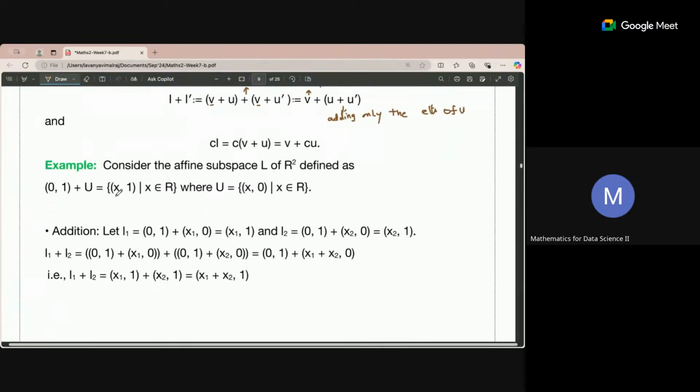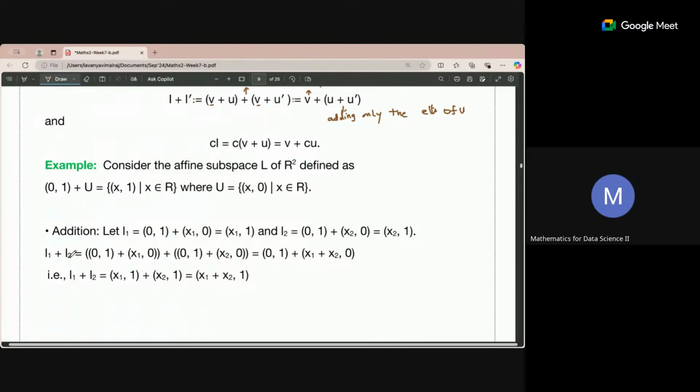So consider the affine space. This is the example we considered earlier also. We are considering L equal to (0, 1) plus U, where U is this space, that is the set of all (x, 0), where x is in R. So according to this way of addition, L1 is (0, 1) plus (x1, 0). This is some L1. And L2 is another element.